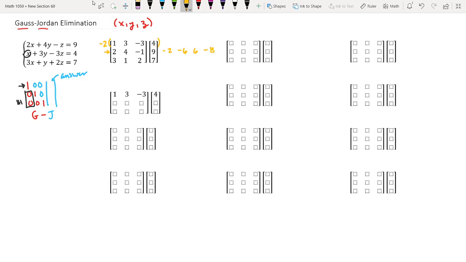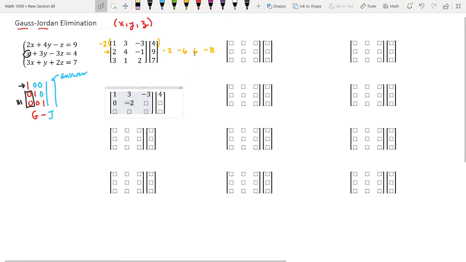I put it next to this middle row because I'm going to be combining each of these to get my values. So -2 and 2 gives me my 0. And -6 and 4 gives me a -2. 6 and a -1 is going to give me 5. And a -8 and 9 will give me a 1.